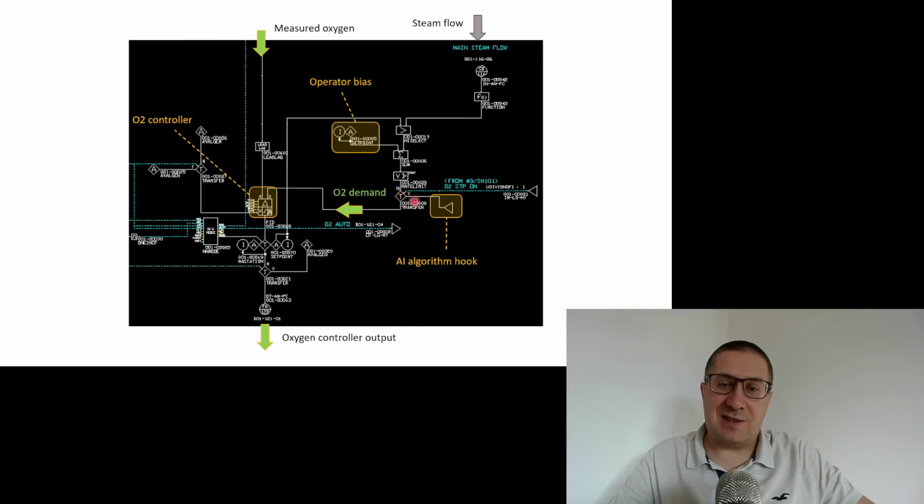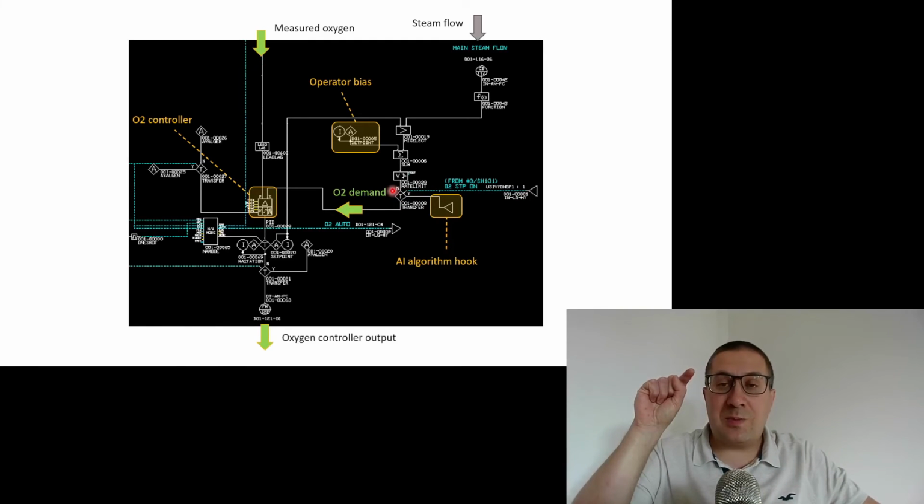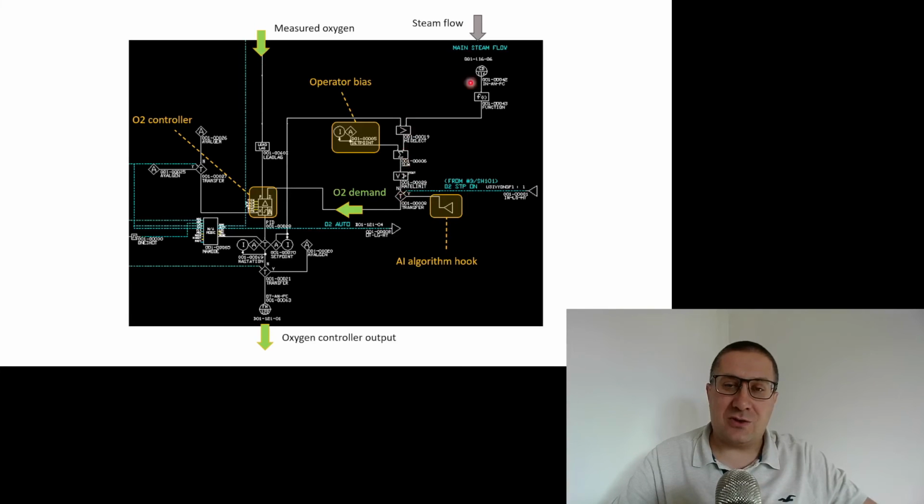There is the if-else statement, let's say, and the flag that controls this if-else statement. If this flag is true, then our algorithm will pass the demand for oxygen. If it's false, maybe the operator clicked the off button on the operator graphic, so then this flag will be false, and the control system will decide about the oxygen demand.